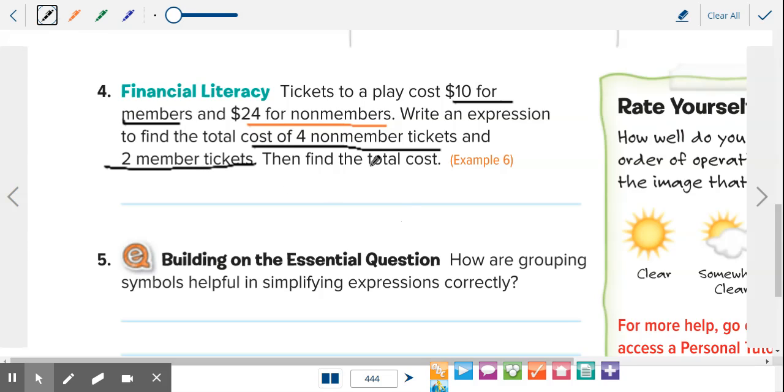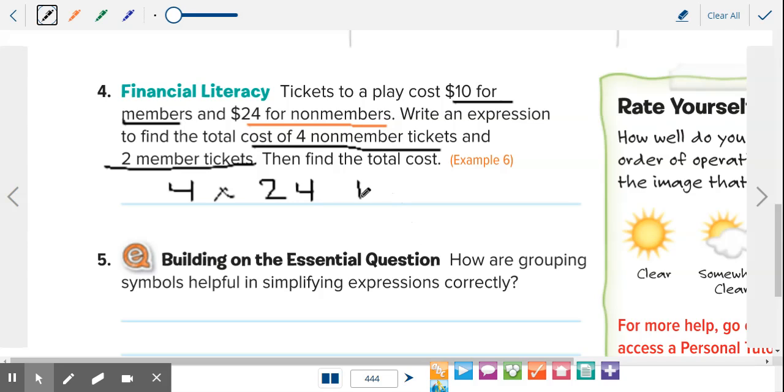Then find the total cost altogether. So our expression, this is where we start. Since we're trying to find the cost of 4 non-member tickets and 2 member tickets, we got to start with the non-member first. How much did non-member tickets cost? 24. So since we're buying 4 of them, you are going to do 4 times 24.